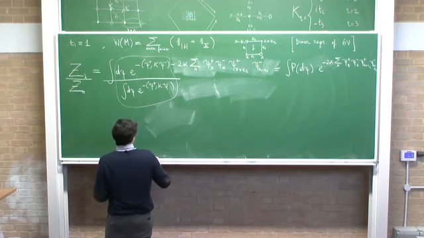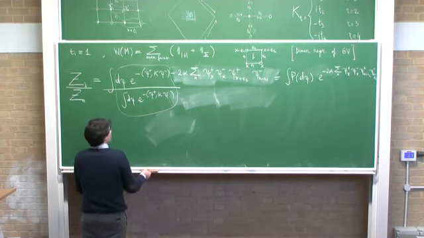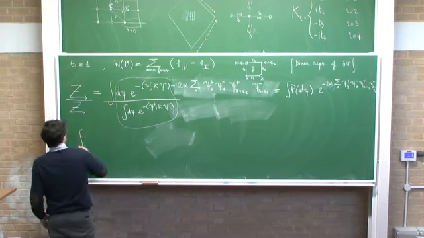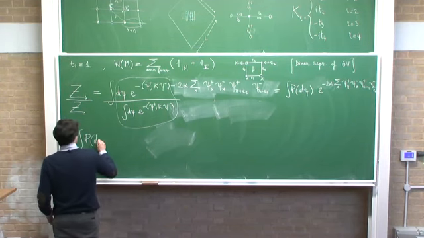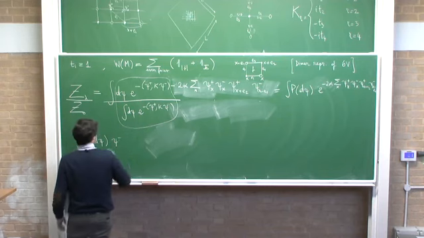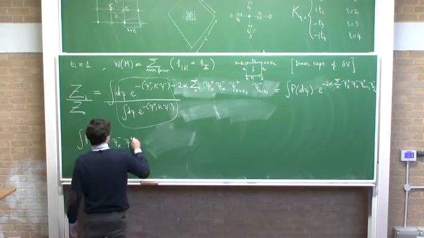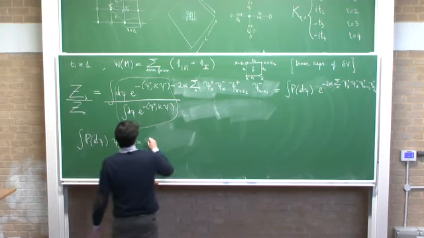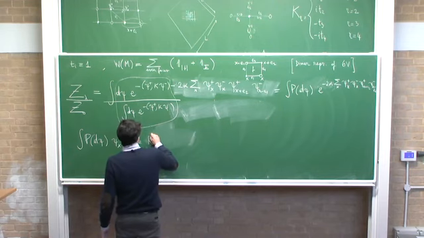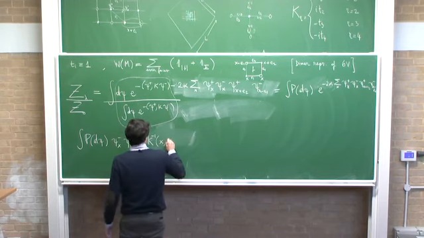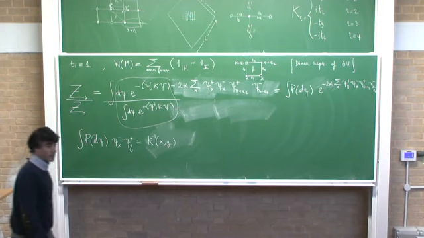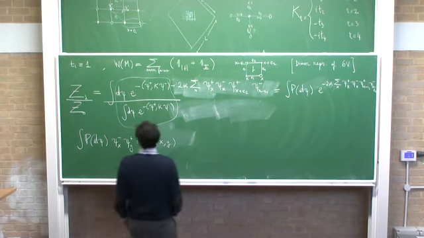Okay, so this reference Gaussian integration is associated to the following covariance. So the covariance is nothing but the inverse of the Castellan matrix.